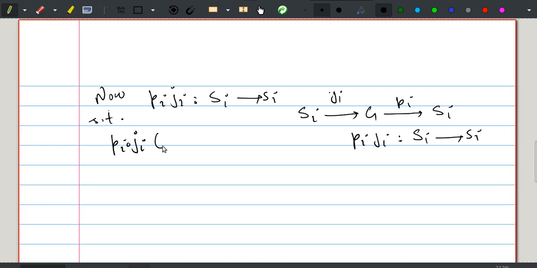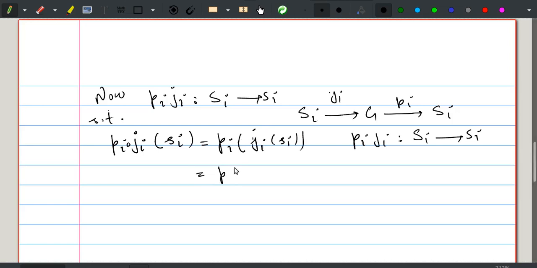When we operate it on some element, say si of big Si, we get Pi of Ji of si. Now this Ji is just the inclusion map, so this is simply si.